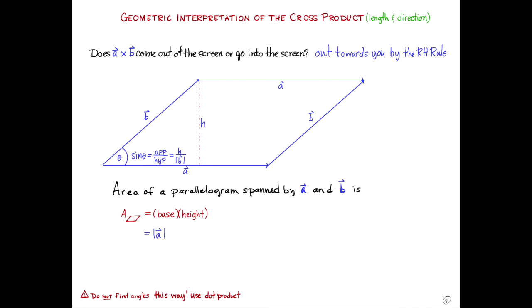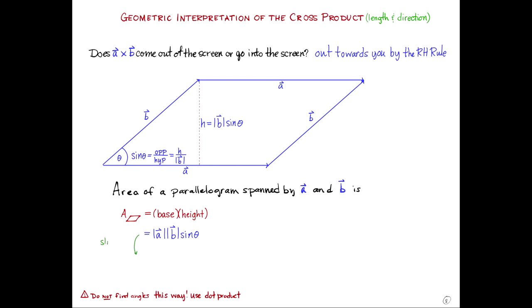Solving for h, we have that h is equal to the magnitude of the vector b times sine theta. Subbing that into our formula below, we have that the area of a parallelogram is equal to the length of the vector a times the length of our vector b times sine theta.